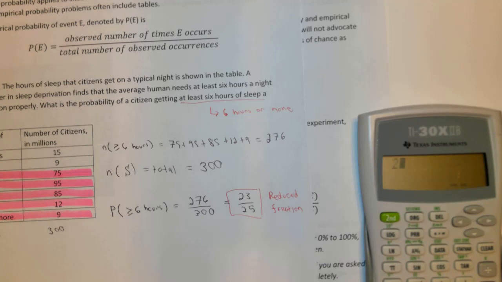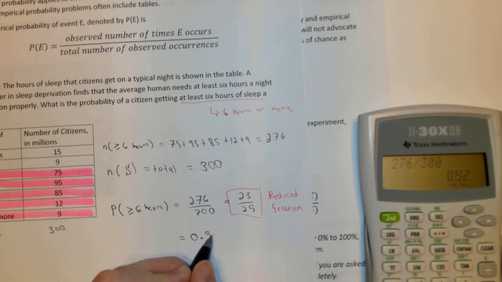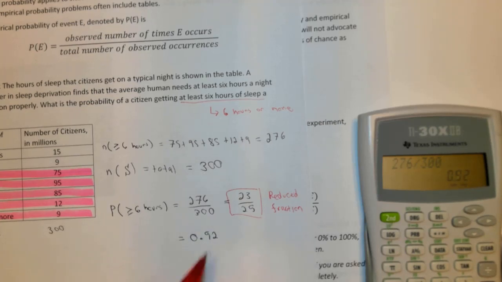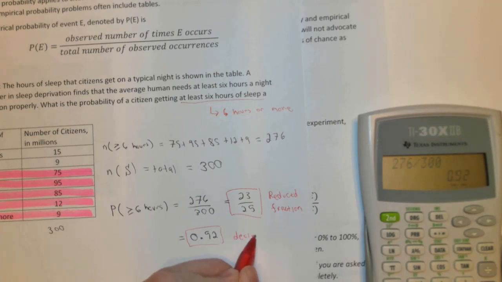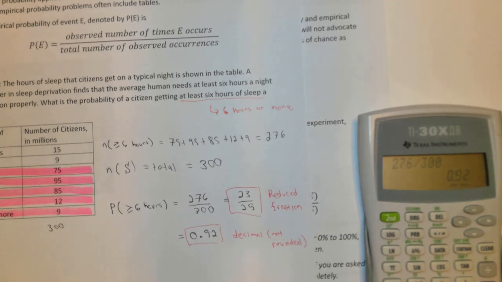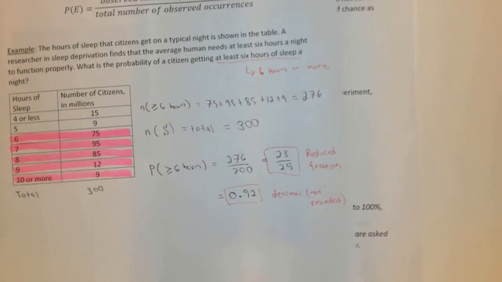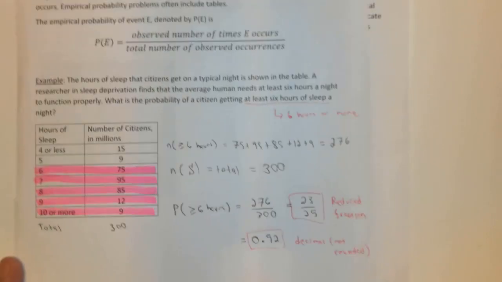So 276 divided by 300 is 0.92. So I'm going to give you that one and then remind you that this is the decimal. In this case, I didn't round because it's exactly 0.92. But if they want the decimal, sometimes they also want you to round it to the hundredths place or the thousandths place.